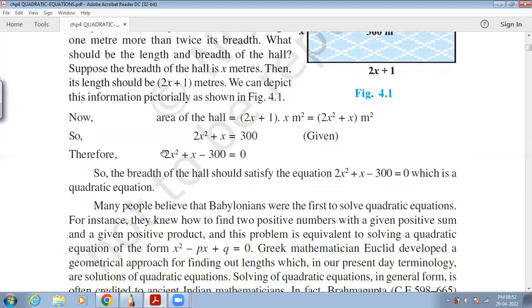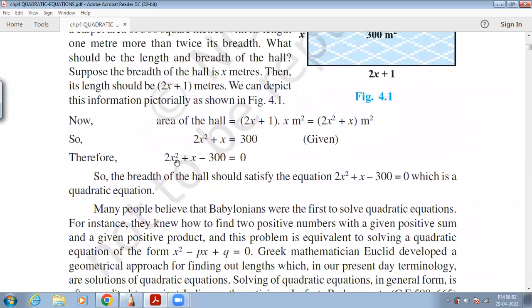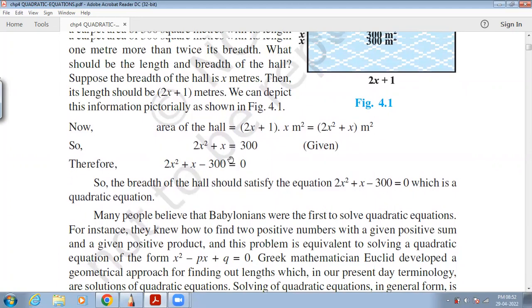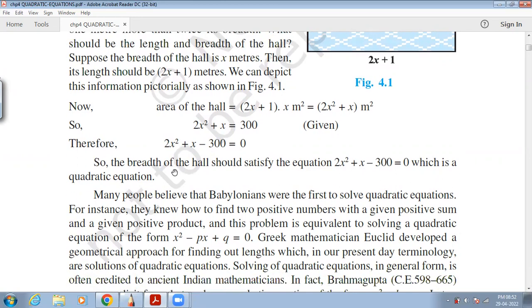Can you see this one right here? This is 2x square plus x minus 300 equals 0. Then you can solve for x, since x is a variable here. The main aim of this chapter is to convert real life situations into quadratic forms, and how to find the roots of such quadratic equations.